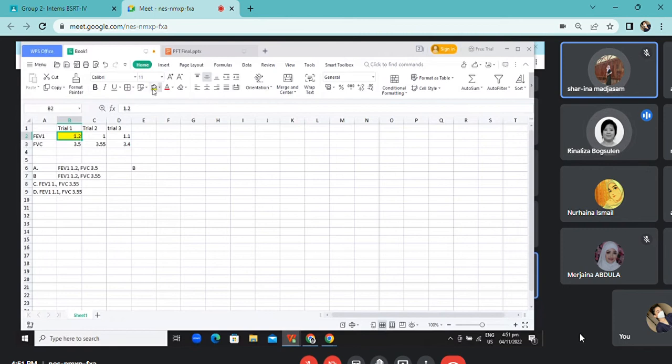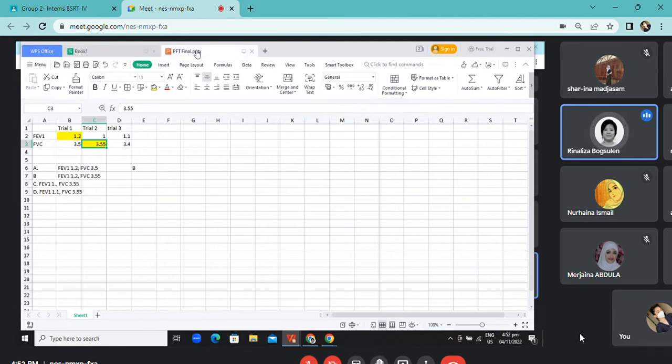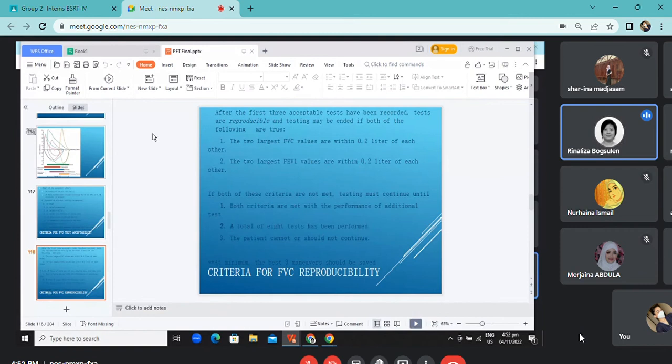Yes po, ma'am. Ano naman ang highest sa FVC mo? Diba ito? Trial 2. Yes po. So, you will report FEV1 1.2, FVC as 3.55. Okay? Kahit, ma'am, yung isa galing sa trial 1, yung isa galing sa trial 2. Yes. Even if they come from two different trials.